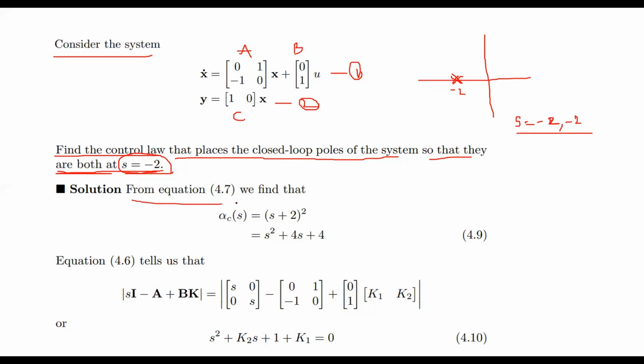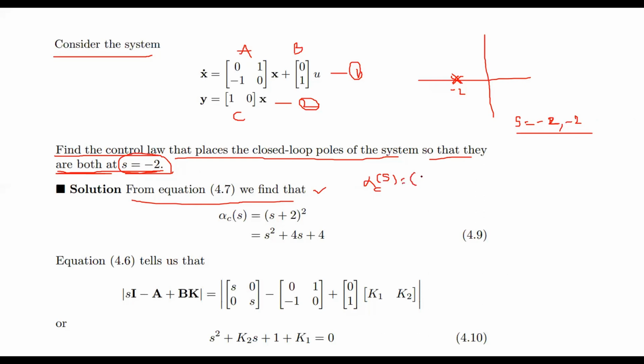Now from equation number 4.2, these are the closed loop poles of the given problem. So what is the characteristic polynomial for the given closed loop poles? We would like to find that. That is alpha C of S is equal to, what are the two poles we have?